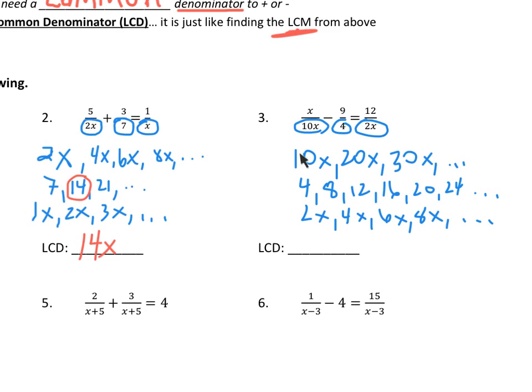So one of your multiples here is 20x. This one also has a 20 in it. 20 is an even number. 2's always going to be even numbers, so if you kept counting, 2, 4, 6, 8, 10, and so on, you'd get to 20. So it turns out that this one down the line will hit 20, but there are x's involved, so 20x.